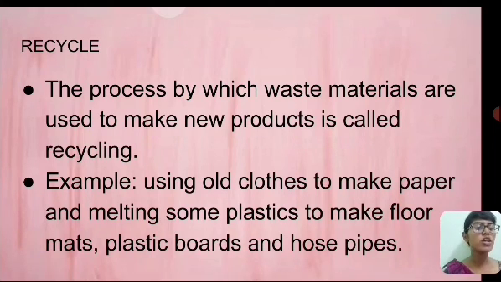For example, using old clothes to make paper, and melting some plastics to make floor mats, plastic boards and hose pipes. Okay, because of this we are reusing and recycling these materials.